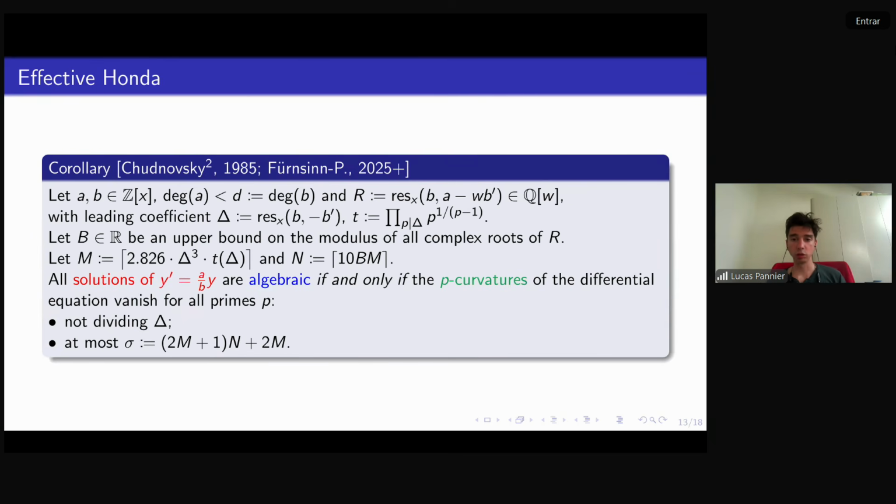So we can state as a corollary an effective version of Honda's theorem.